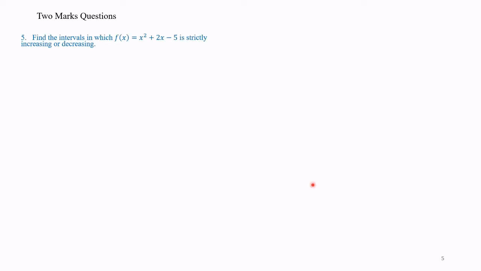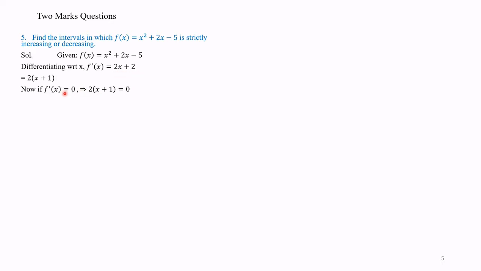Next question. Find the intervals in which fx is equal to x square plus 2x minus 5 is strictly increasing or decreasing. Given fx is equal to x square plus 2x minus 5. Differentiating, we get f dash x is equal to 2x plus 2, that is 2 into x plus 1.